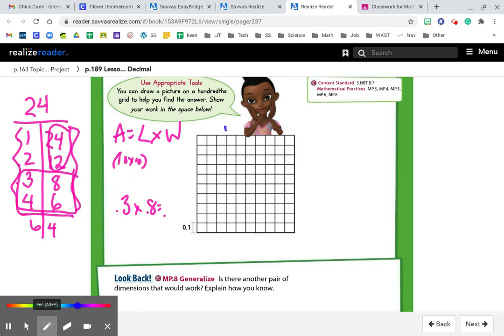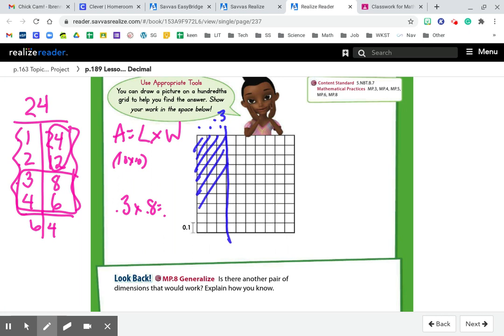So here's 3 tenths. 1, 2, 3 out of 10. So that is going to be representing 3 tenths. And I'll do some little coloring in there so we can see the difference. And now on this side over here, on the row side, so I have 3 columns and 8 tenths of a row.